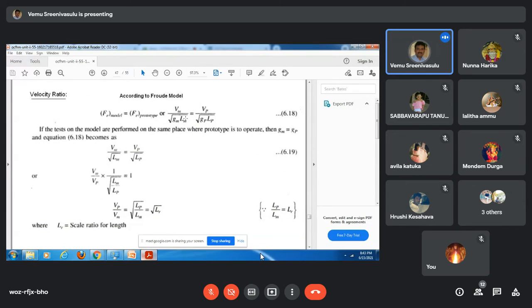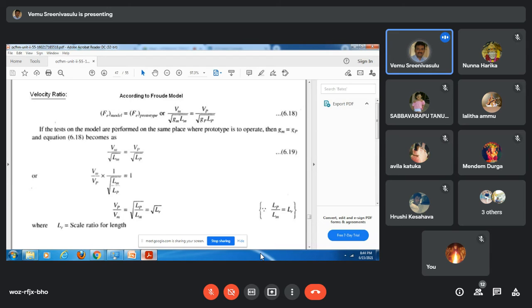So the Froude number of the model is equal to the Froude number of the prototype, right? So that is Vm, V model, divided by square root of G model L model, is equal to V prototype over square root of G prototype L prototype.